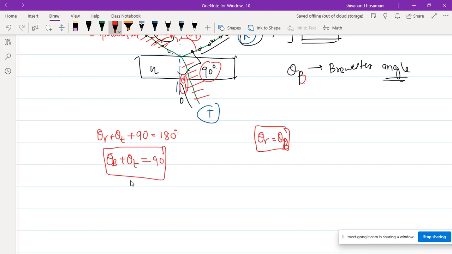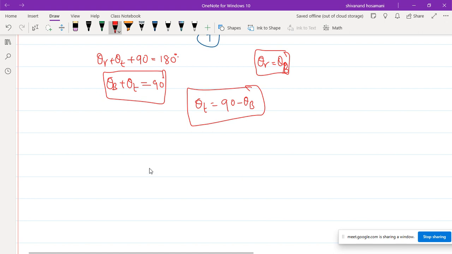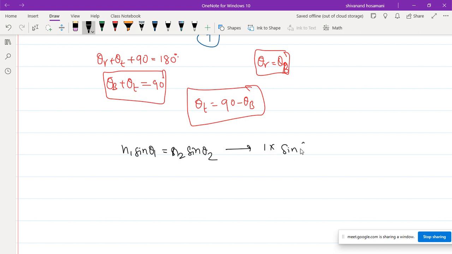From this, I can define theta t is equal to 90 minus theta b. So according to Snell's law, from the incident medium, n1 sin theta 1 is equal to n2 sin theta 2. Here the first medium is air, sin theta 1 is the incident light, theta b, equal to n2, the refractive index of the glass, into sin theta 2, which is the transmitted light.